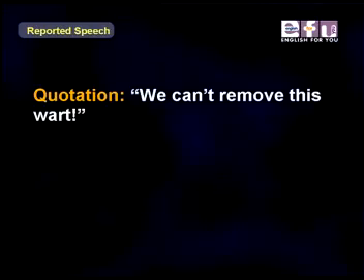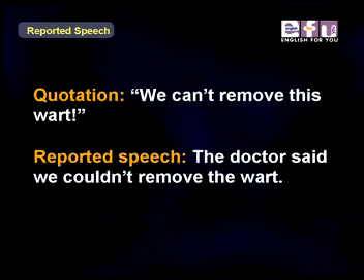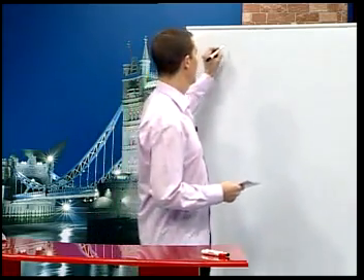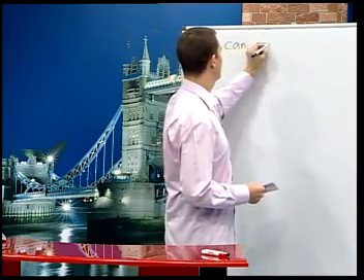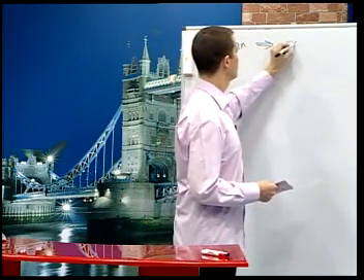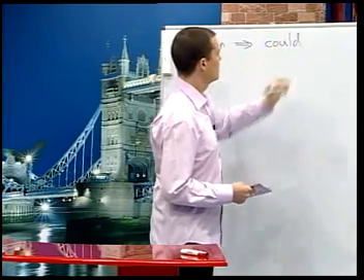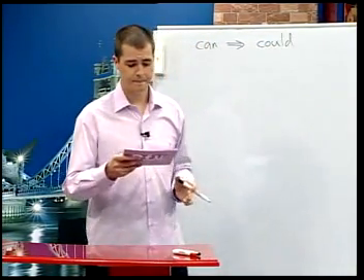Now let's look at changes in modal auxiliaries. Here are some sentences for you to look at. Quotation: "We can't remove this wart." Reported speech: "The doctor said we couldn't remove the wart." Now in reported speech, can becomes could for ability.